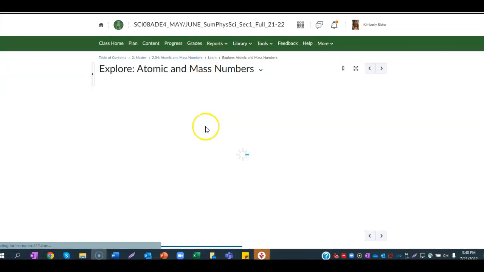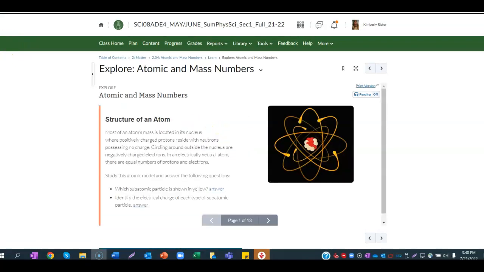All right, and my screen's loading really slowly. So here we go, talking about the structure of an atom. Most of an atom's mass is located in its nucleus, where positively charged protons reside with neutrons possessing no charge.